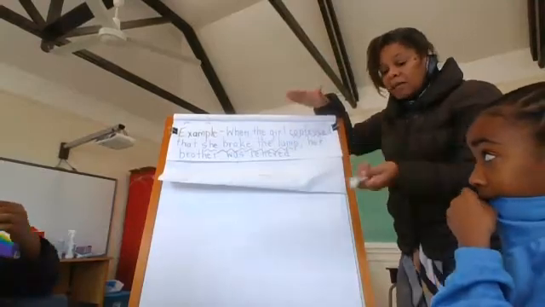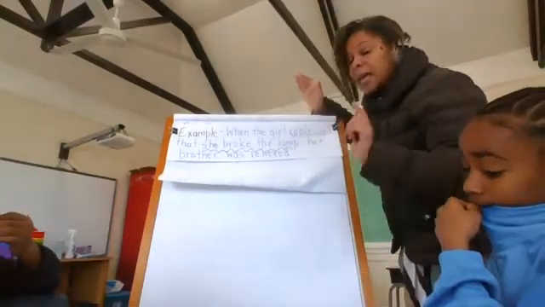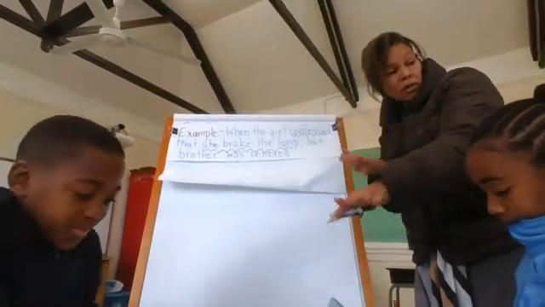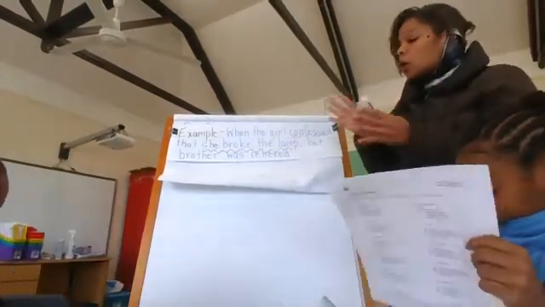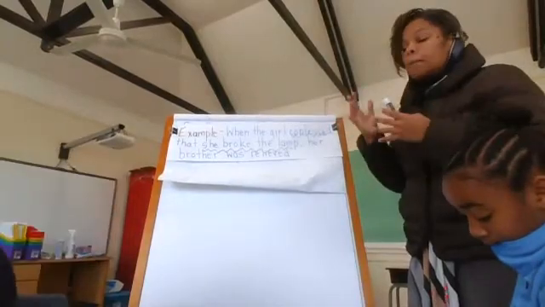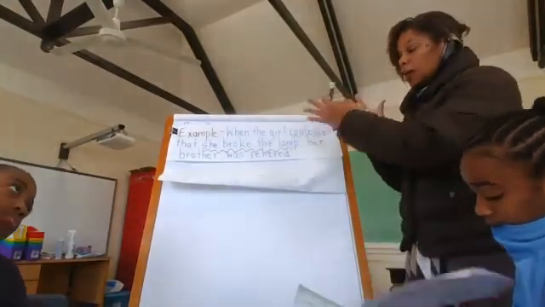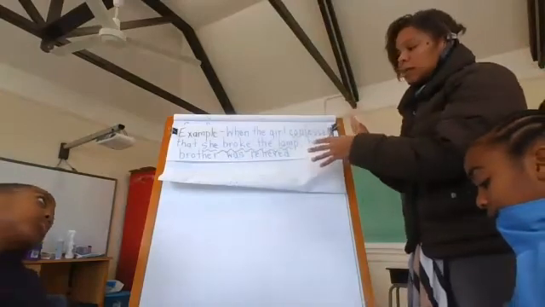For example, confess is one of our words. If you didn't get confess right on the vocabulary definition sheet, when you go home, I want you to come up with a sentence putting context clues around that word to show me what the word means, just like what we did here.